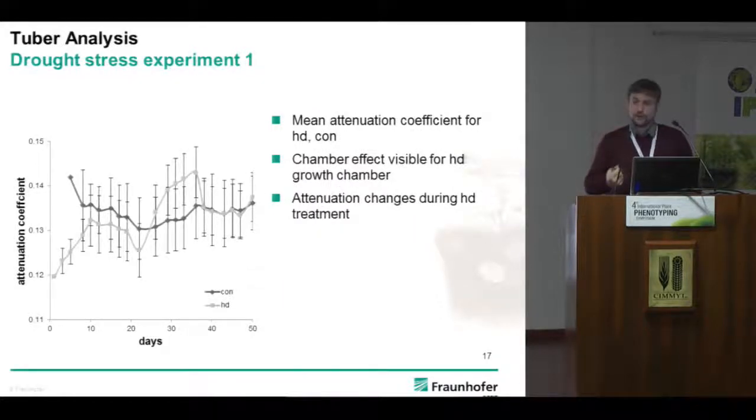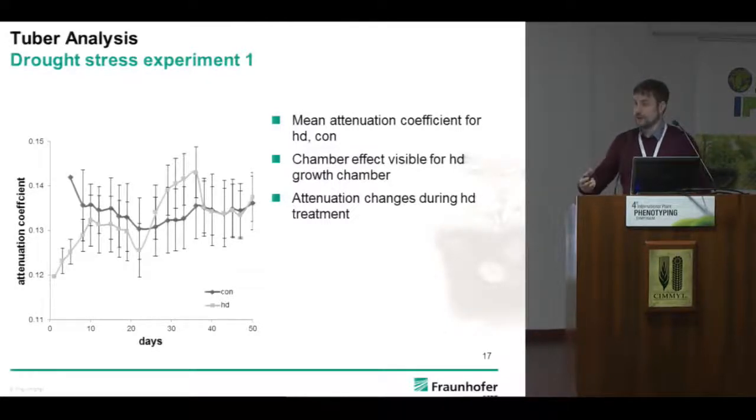Now, looking at the density, as I told you, we can check the density or the attenuation within each object and how it behaves. What we can see in the drought experiment is that we got tubers earlier. That's a chamber effect; we knew there would be some chamber effects, but here we have about 2 measurement points, at least a week of difference in tuber initiation between the chamber which was later stressed and the chamber in our control condition.